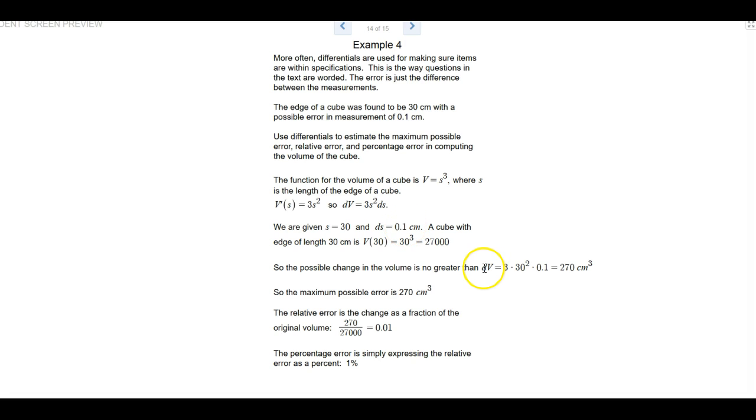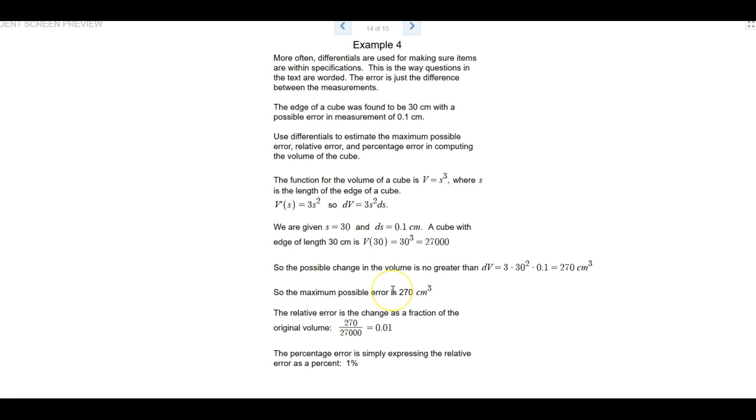We know that our differential dv is the derivative, which is 3 times s squared, times that difference ds, or 270 cubic centimeters. So this is the error in the volume, the maximum possible error in the volume when we have the possibility of an error in the measurement of the side of the cube of 0.1 centimeters.